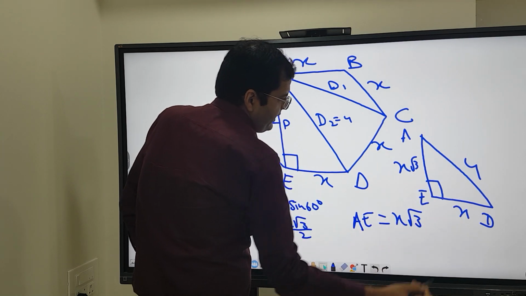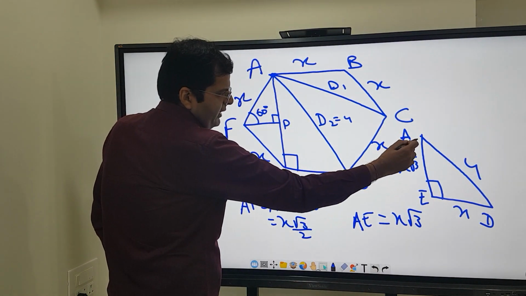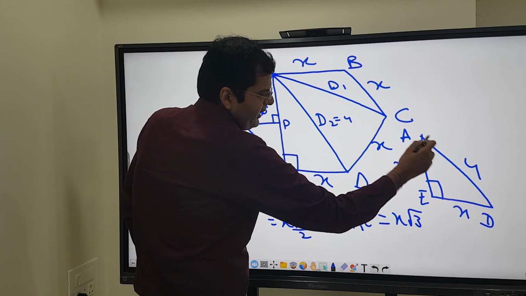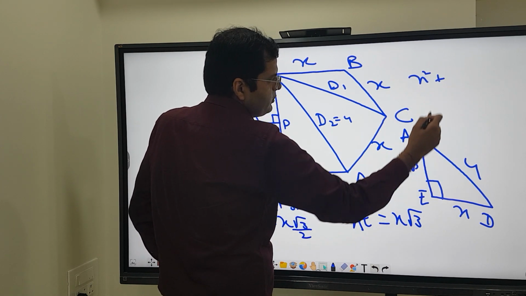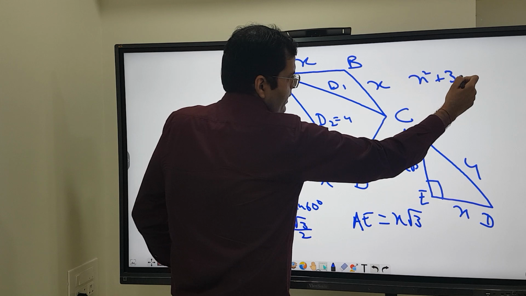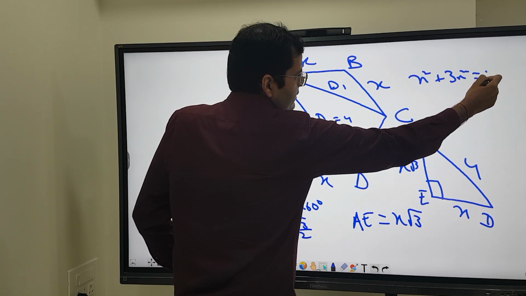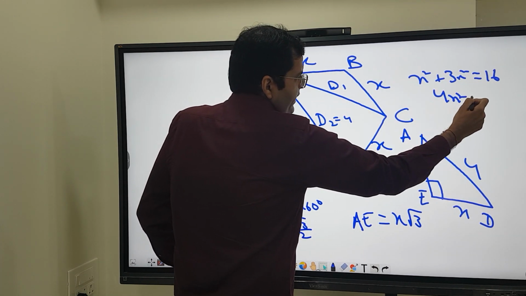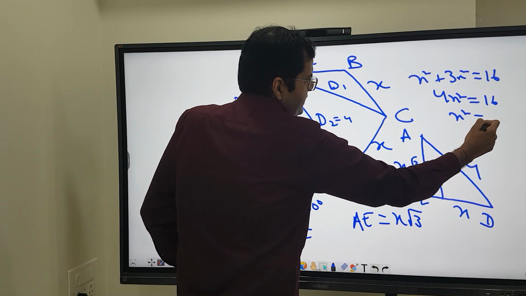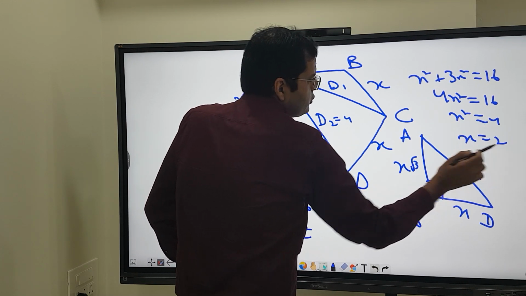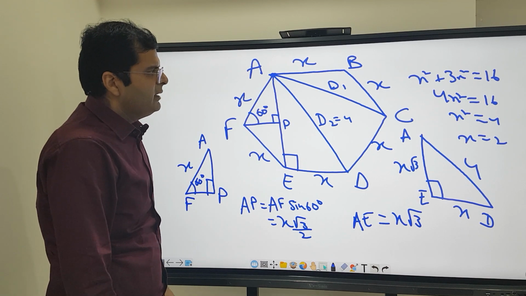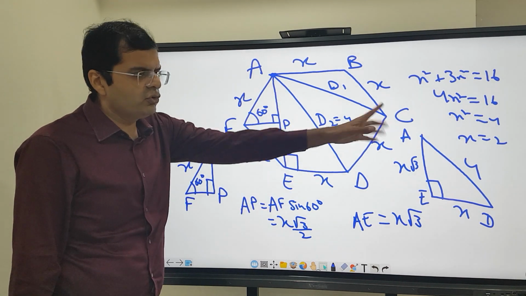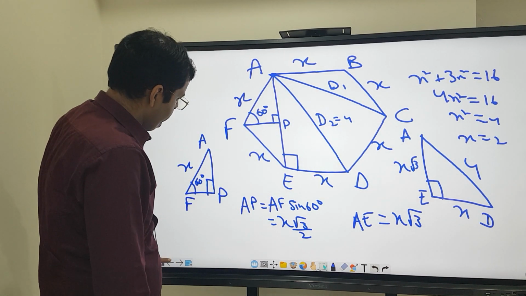This is a right angle triangle, right angled at E. Now if I apply Pythagoras theorem, x square plus x root 3 whole square, which is 3x square, will be equal to 4 square, which is 16. So 4x square is 16. That means x square is 4, which means x is 2. x cannot be negative because it's the side of a polygon. So x is positive 2, which is what we had to find.